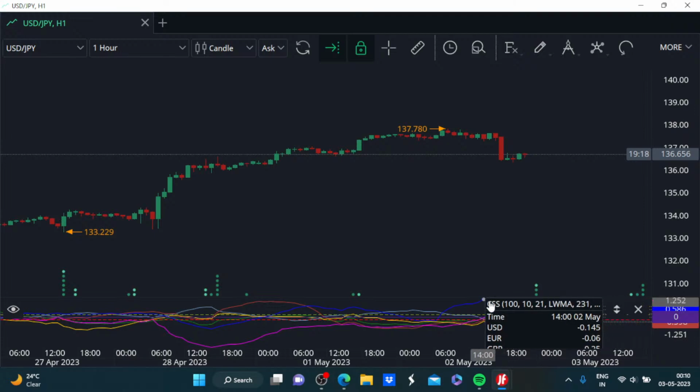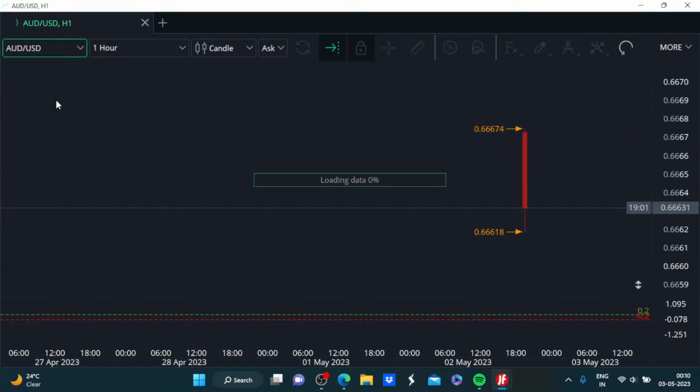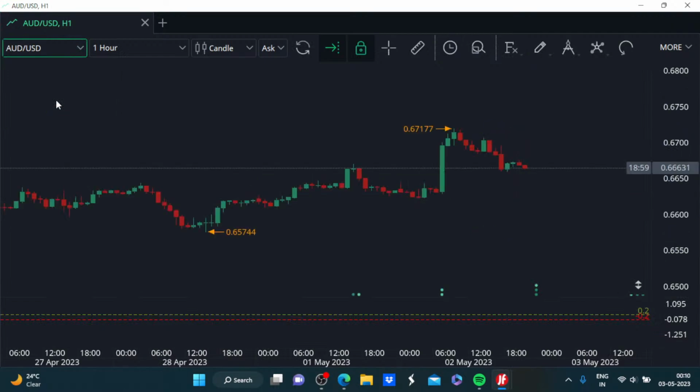But it is not really telling us that the trend has changed. It is only telling us that the momentum of the trend is now reducing. It is not telling us to go short. It is only telling us that the earlier strong momentum for the AUD is now waning and we should be trading cautiously.